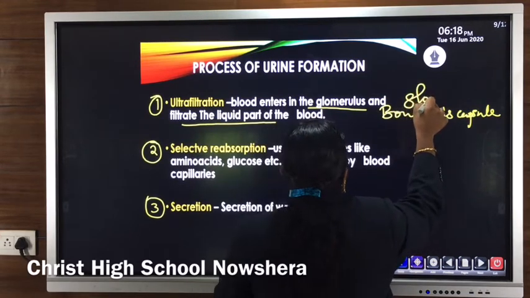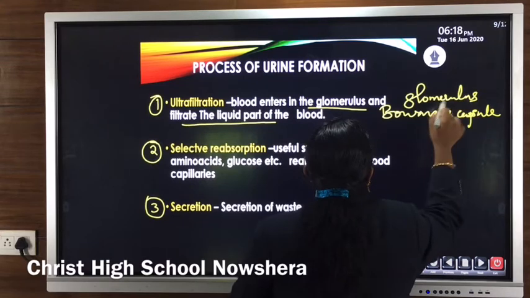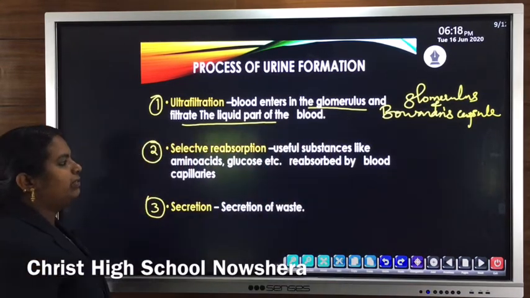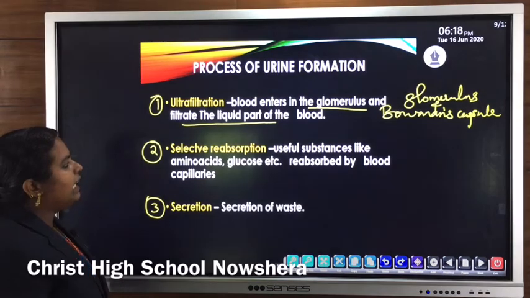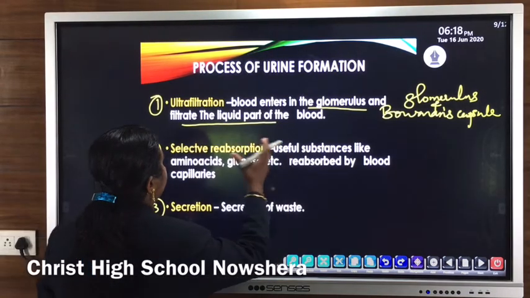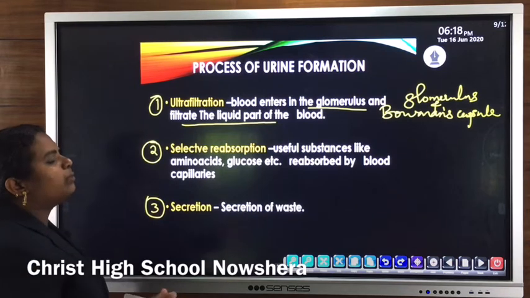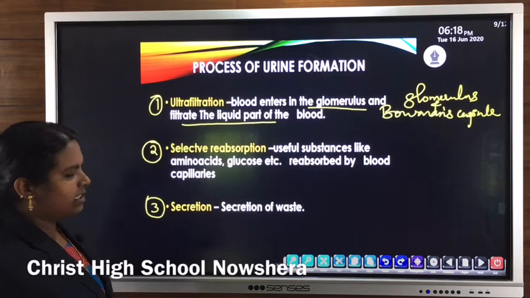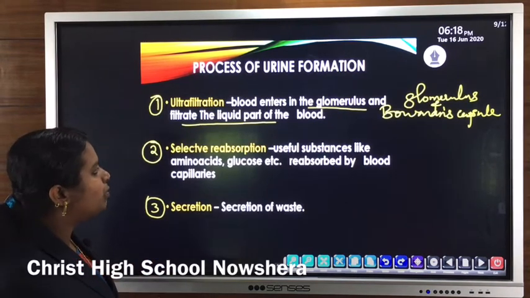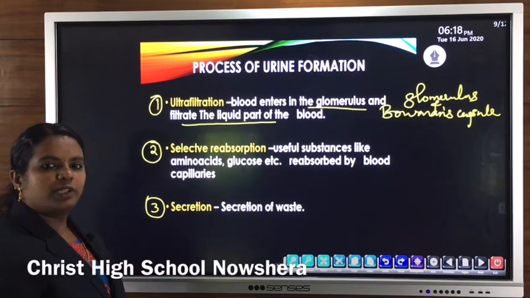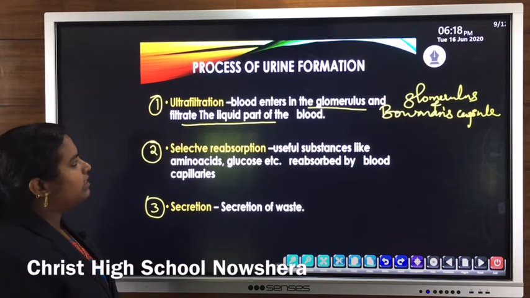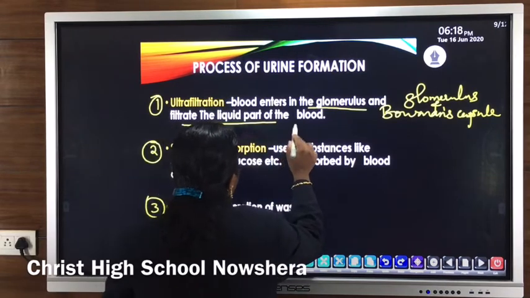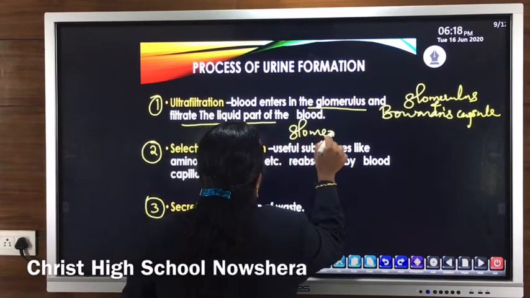So the glomerulus and Bowman's capsule play an important role in the filtration process. The larger molecules are collected inside Bowman's capsule and the smaller substances or particles move downward to the proximal convoluted tubule. And after this ultrafiltration, that filtrate is known as glomerular filtrate.